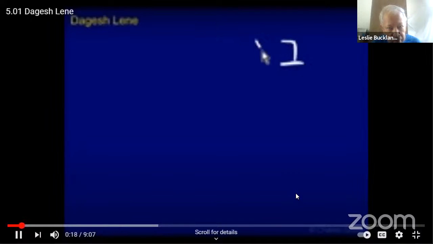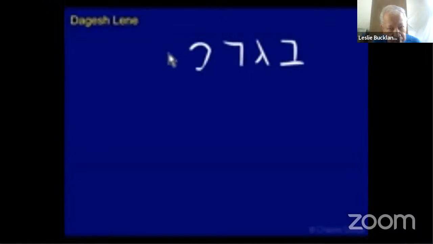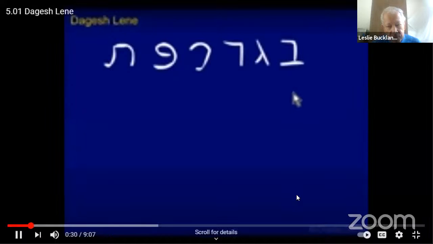Now, the Dagesh Lenny is something we've already seen in the lesson Letters with Dots in Chapter 1. We looked at 6 Hebrew letters that can take this thing called the Dagesh Lenny, and they were called the Bagad Kafat letters. Bagad Kafat. If you remember, this is a mnemonic to remember the 6 that can take a Dagesh Lenny. If they have the Dagesh Lenny, they are a stop or a hard sound.